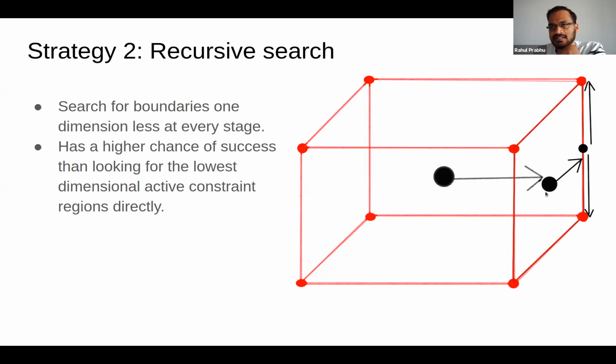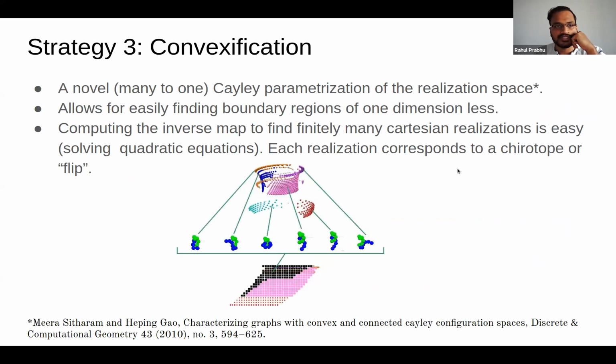So once I hit a face, I'll do the same again. I'll shoot rays all along the surface, and it's much more likely to hit an edge than it is to hit corners. This way I recursively decompose from the center of a 5D region to 4D, 3D, 2D, and so on, all the way to 0-dimensional regions.